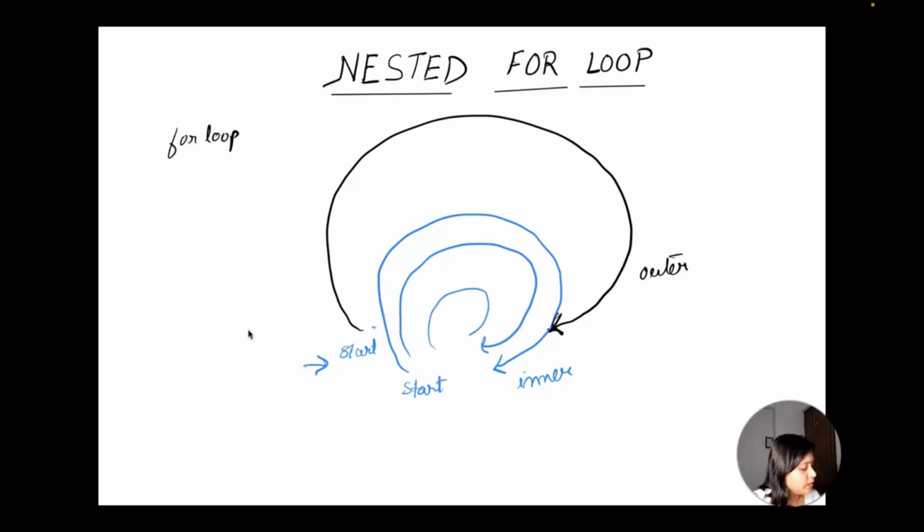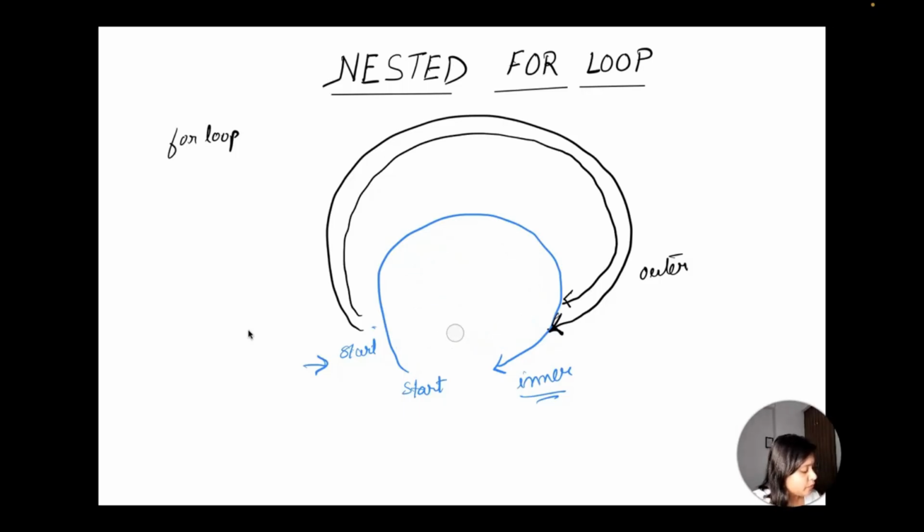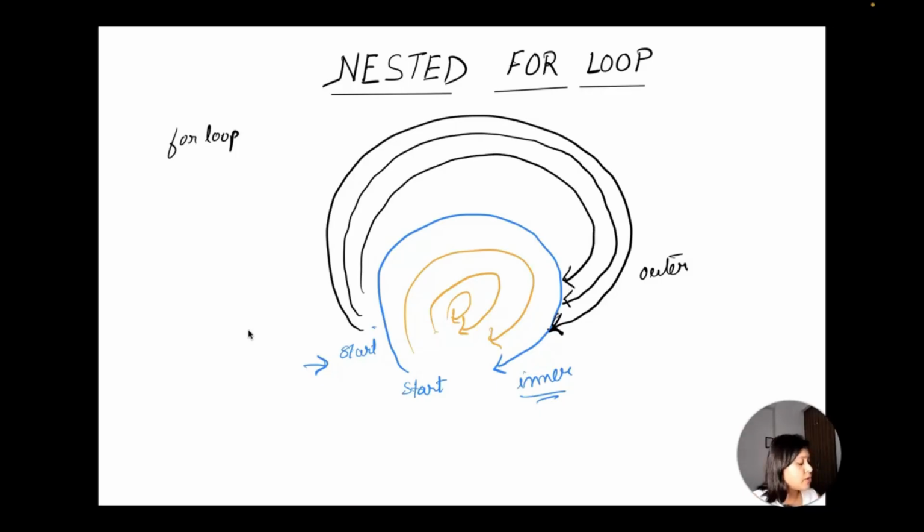Once all the elements of the inner loop are completed, it goes back and completes the outer loop. Then once again, it checks for the inner loop, executes all the elements, completes the outer loop and goes back to the outer loop. So that's how exactly the loop is done.